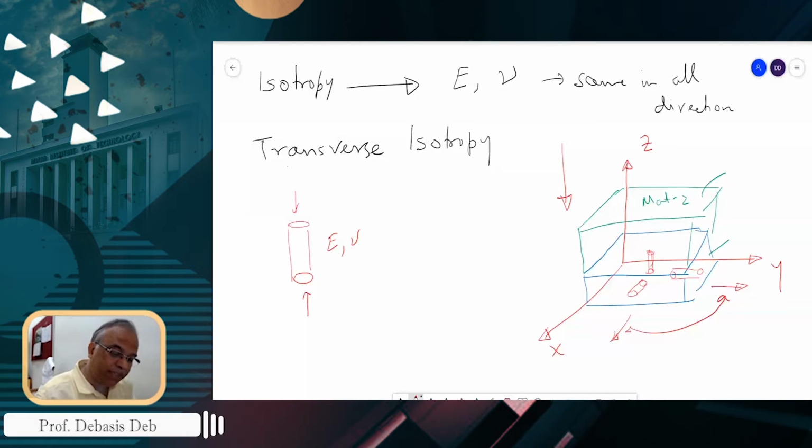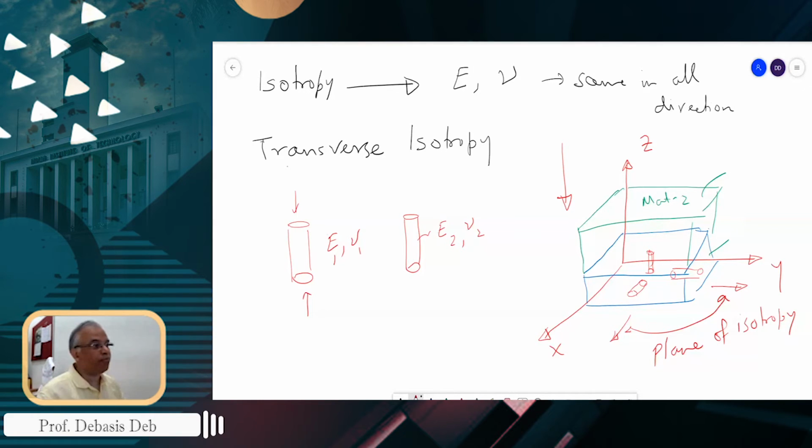You will see that in these two directions, what we call the plane of isotropy, you will get one type of modulus and Poisson's ratio, let's say E1, mu1. But in the depositional direction, when we test, we will get something else.